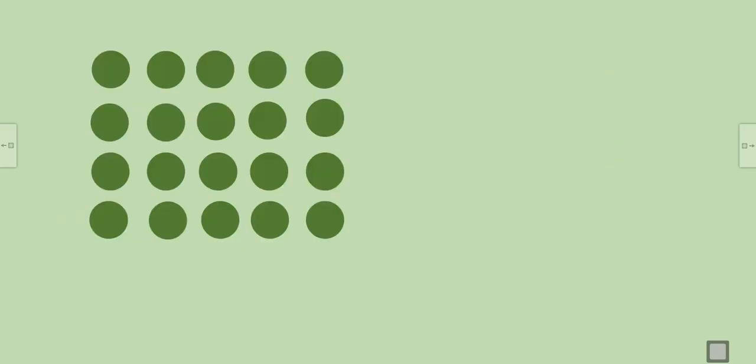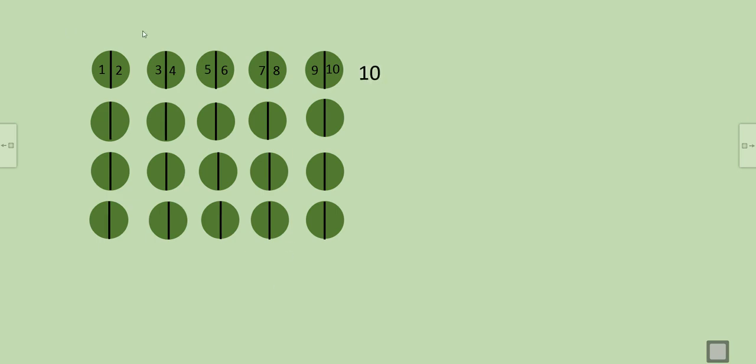So there's our 20 again, and this time I'm breaking them all up into halves. So each one has been broken into halves, and we're going to see how many halves we get out of this 20. Well, there's 1, 2, 3, 4, 5, 6, 7, 8, 9, 10.